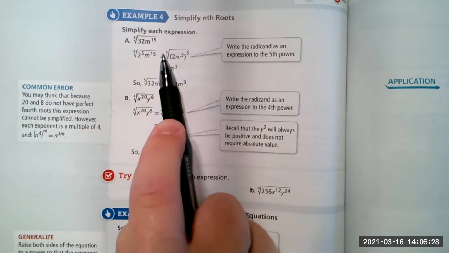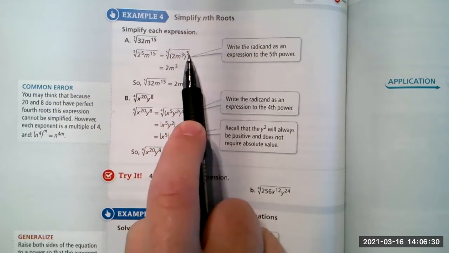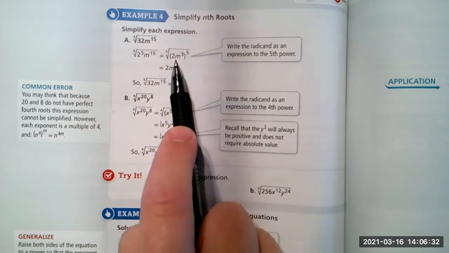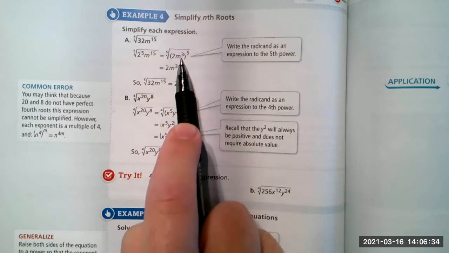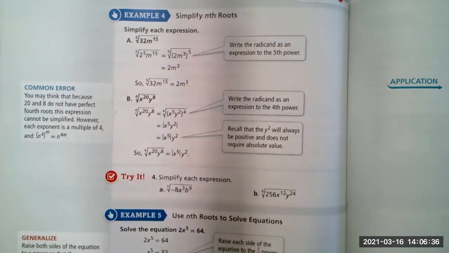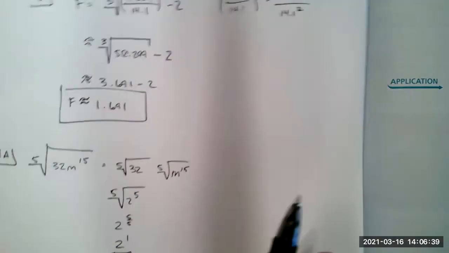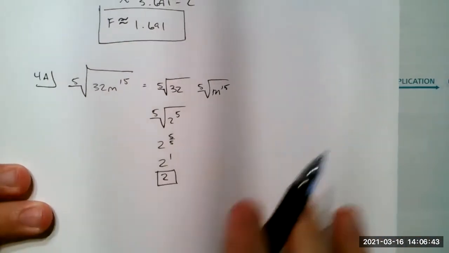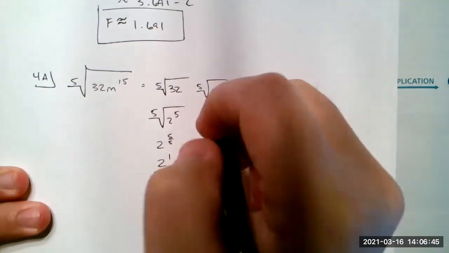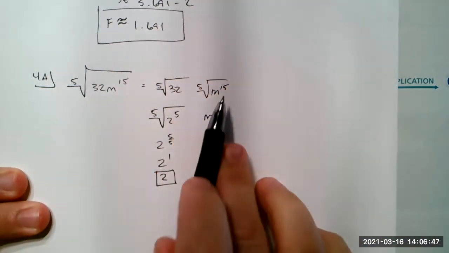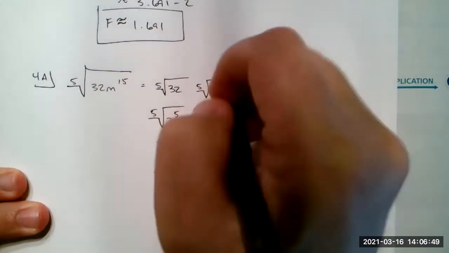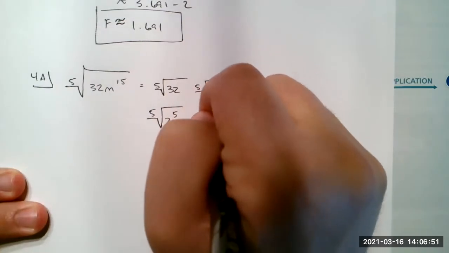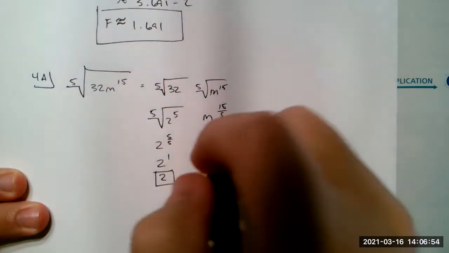Now that they had the 5th root of something to the 5th power, they could just eliminate those two things and you're left with just that radicand as your final answer. With this example, though, let me also walk you through another way you can think about this. Essentially, what you're doing is taking m and raising it to the exponent over index. 15 divided by 5 is 3.